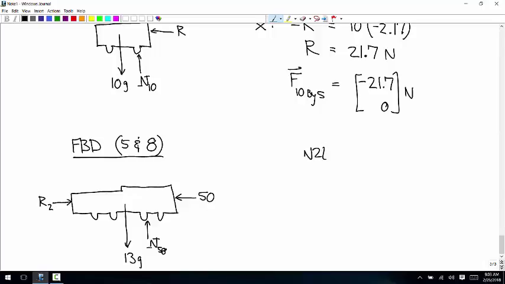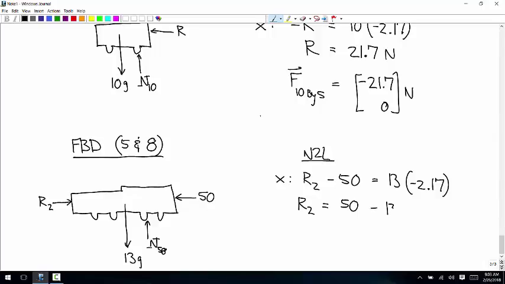And Newton's second law, the X equation again says R2 minus 50 is equal to the mass, 13, times the acceleration of negative 2.17. And so R2 is equal to 50 minus 13 times 2.17. And what do you get for that?